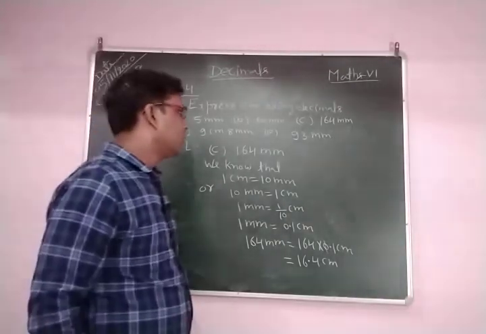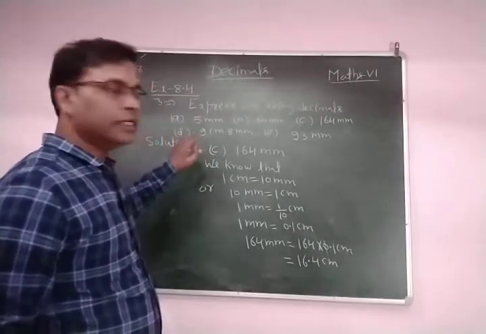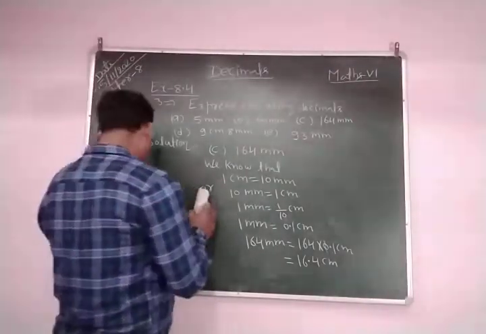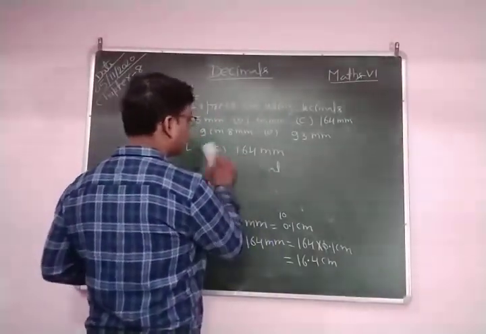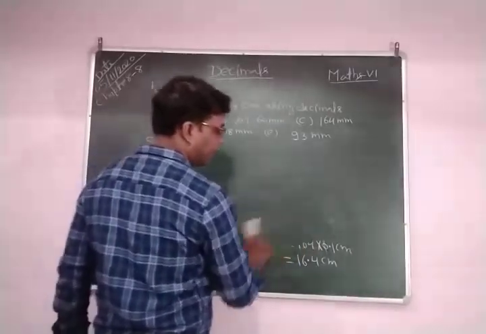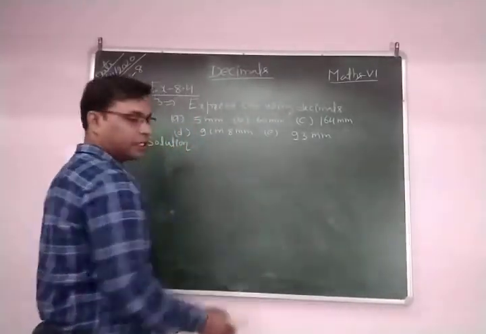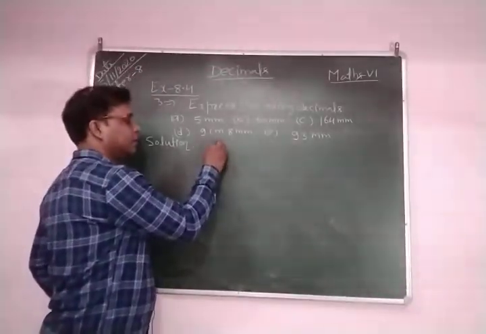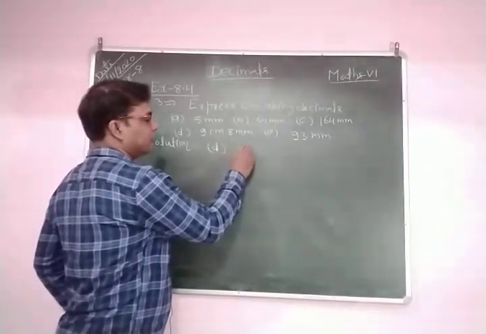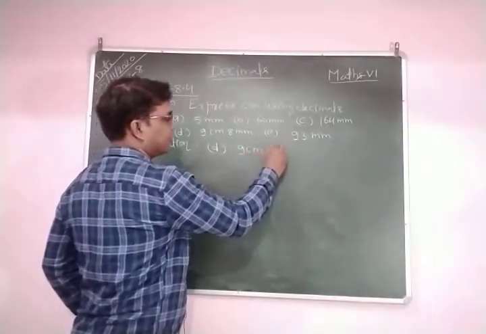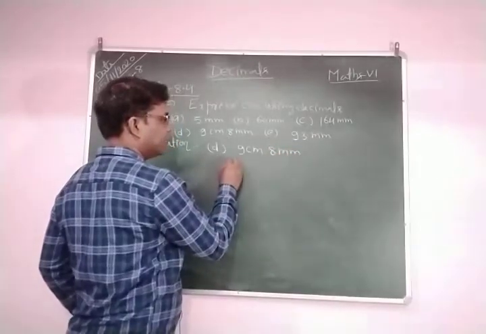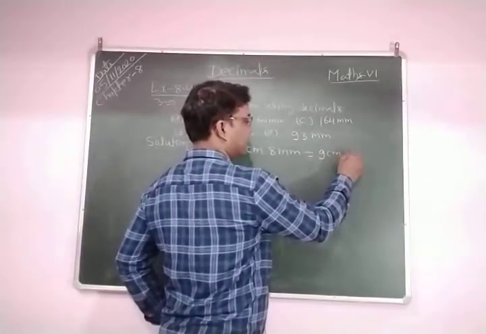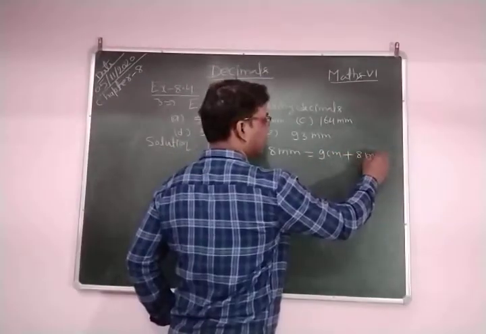Clear? Now we are going to discuss D part of this question number 3. In D part it is given 9 centimeter and 8 millimeter. We can write this as 9 centimeter plus 8 millimeter.